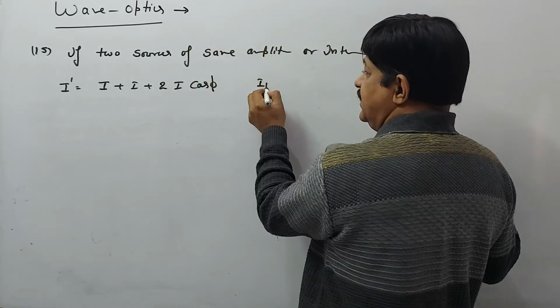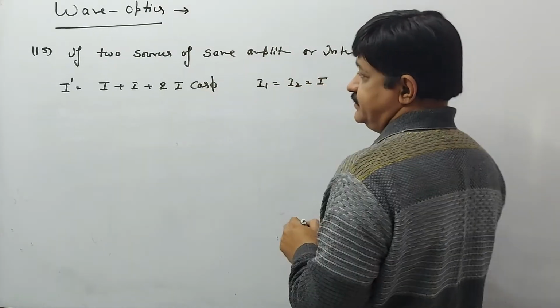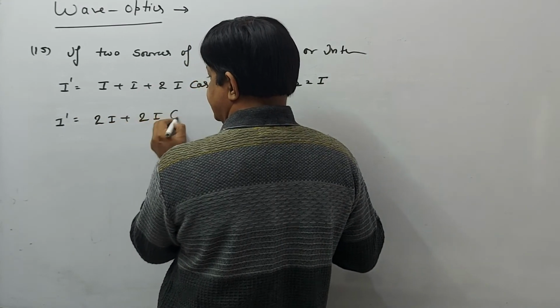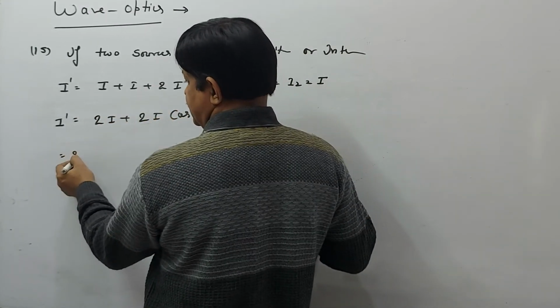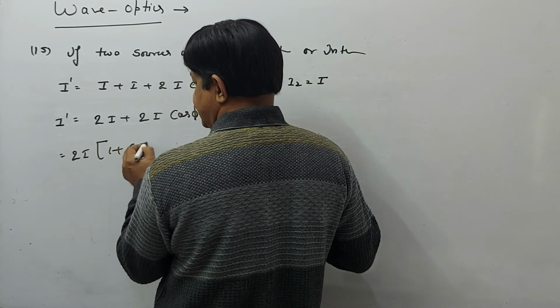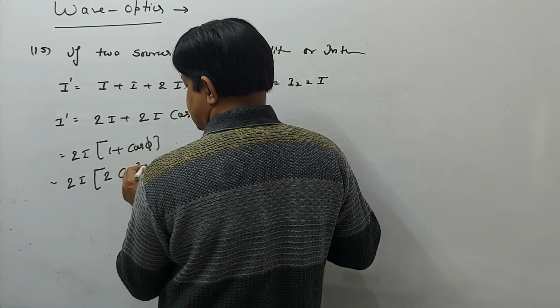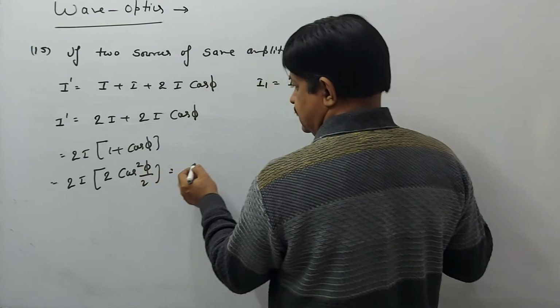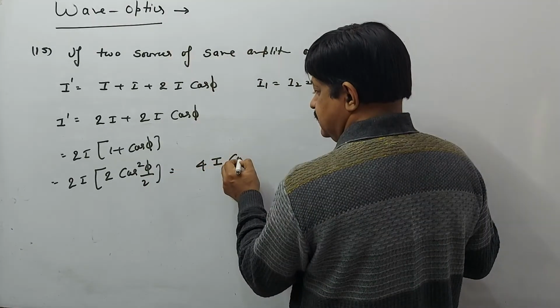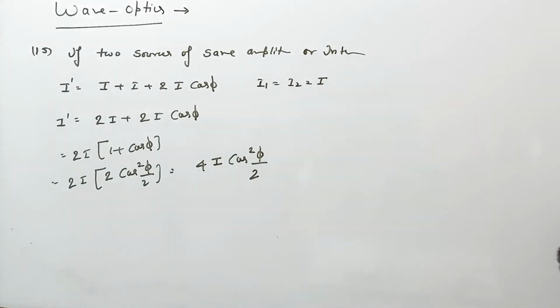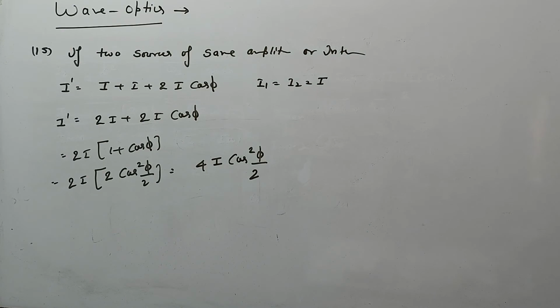If you put I1 equals to I2 equals to I, so this I dash becomes 2I plus 2I cos phi. 2I you can take common, 1 plus cos phi. And we can write 4I cos square phi by 2. Two sources of equal intensity.